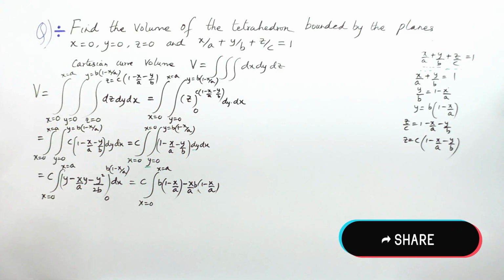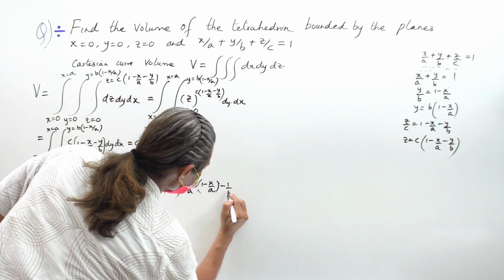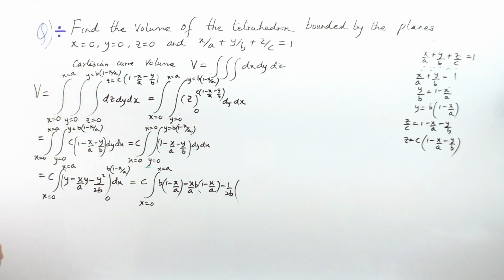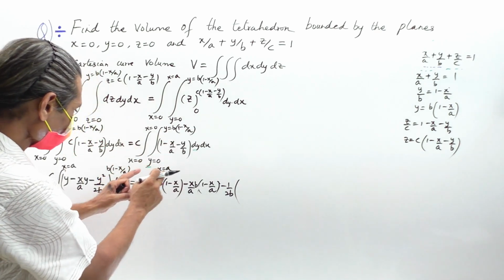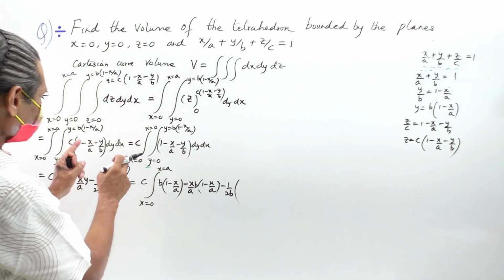Fine. And lastly, minus 1 by 2b into y square. So we have 1 by 2b. What is y square? In place of y, we put b into 1 minus x by a, the whole square.